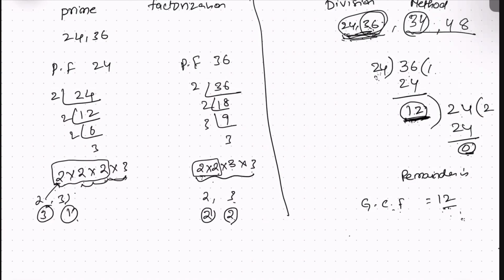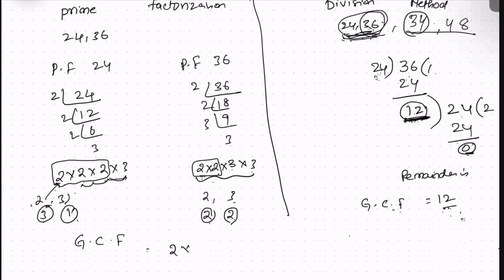Now whenever you are finding the GCF, you have to choose the least number of occurrences of the factor when you compare both. So 2 is occurring 3 times here and 2 times there. What is the least number of occurrences? It is 2 times.